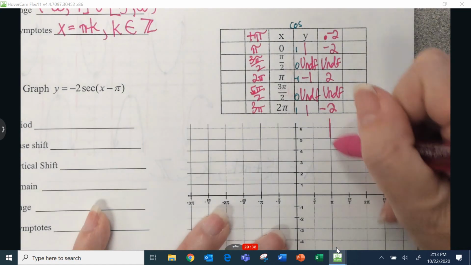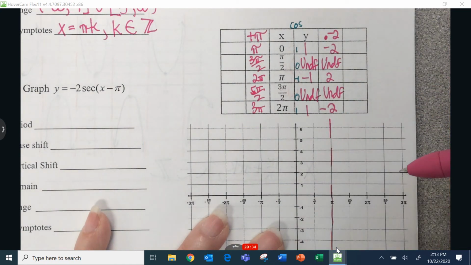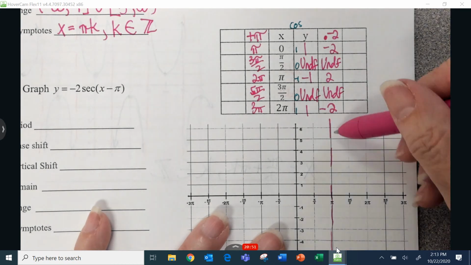And then I'll go put my, that's not right. Oh, never mind. This isn't right.